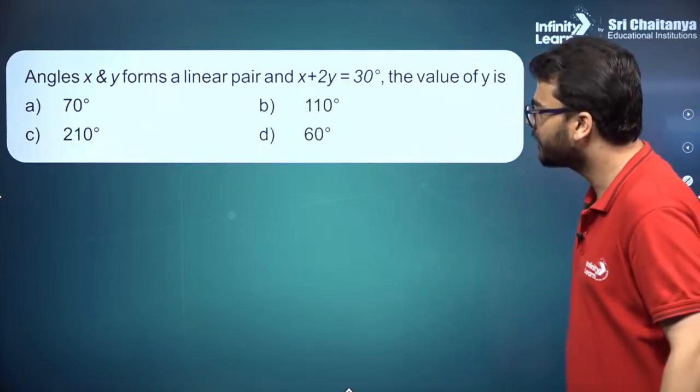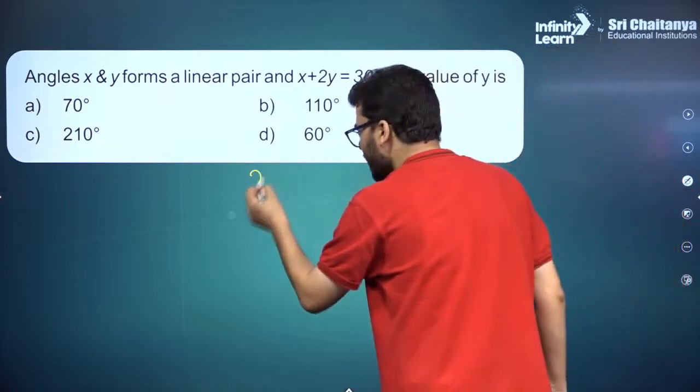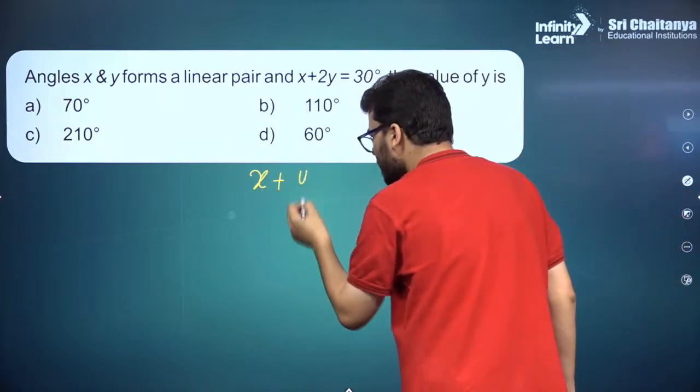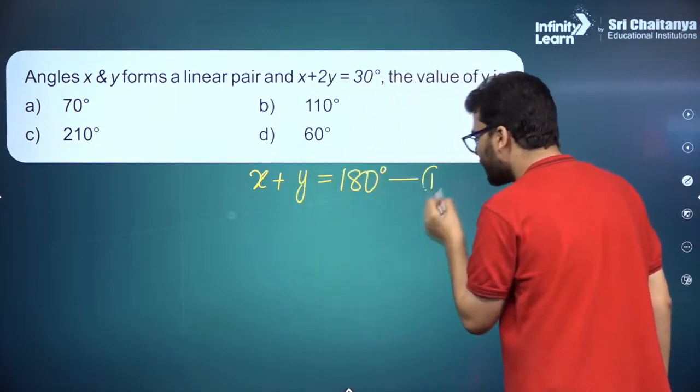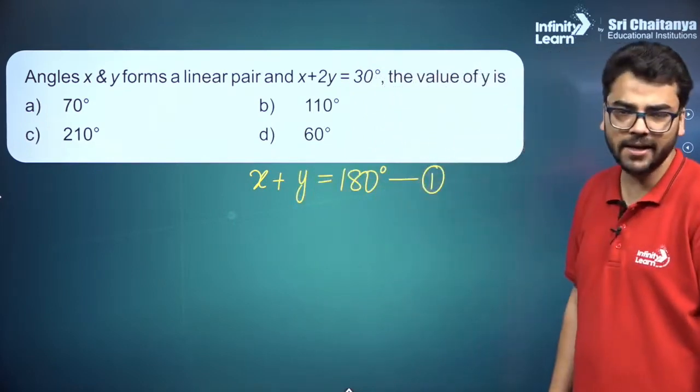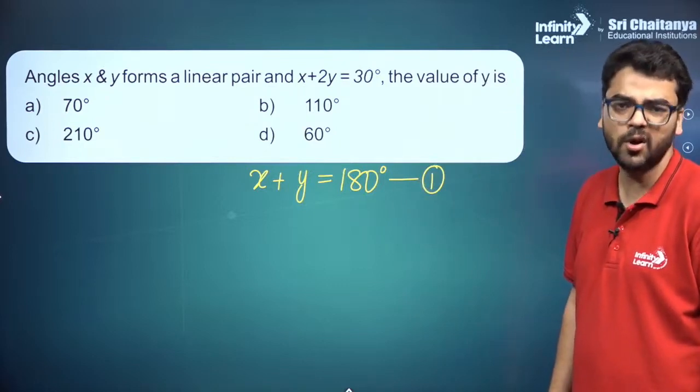So x and y, they are forming a linear pair. What does it mean? That I can write x plus y to be equal to 180 degrees, correct? Suppose this is the first equation because they are forming a linear pair. So therefore x plus y will be equal to 180 degrees.